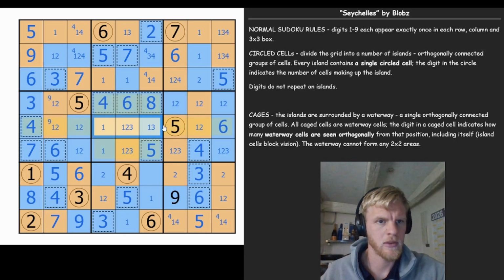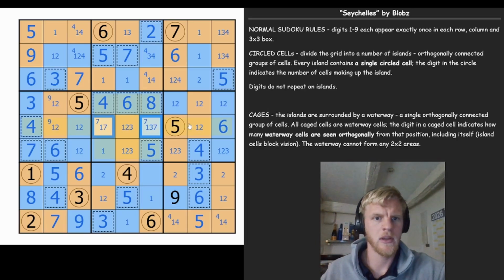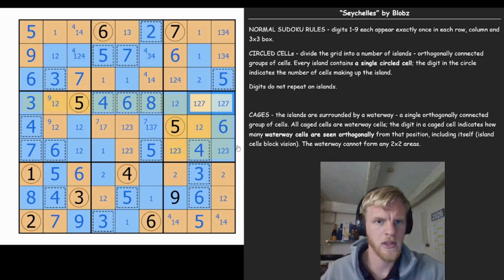Do 1 right away. We can tell there's 1 in here, looking to the right, so 1 in here. Down here, 7. And those 7s look up, so rule out the 7 from this to get the 7 here.